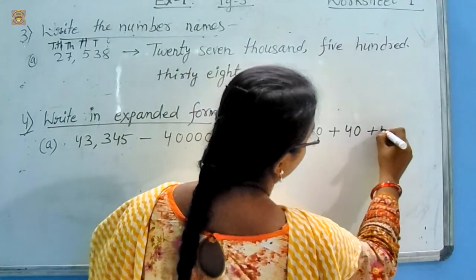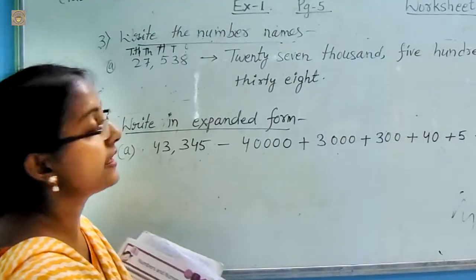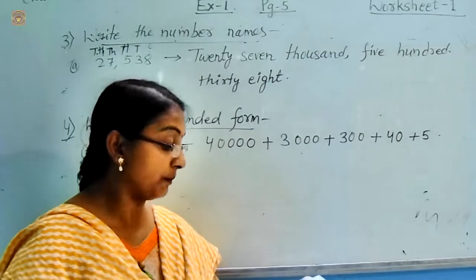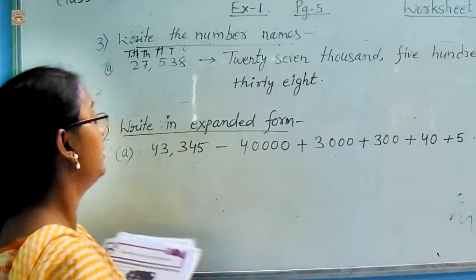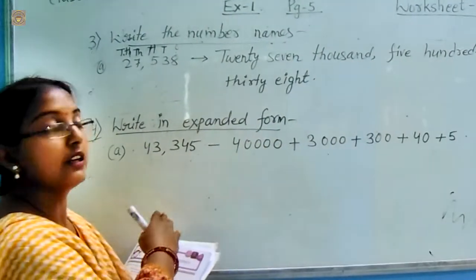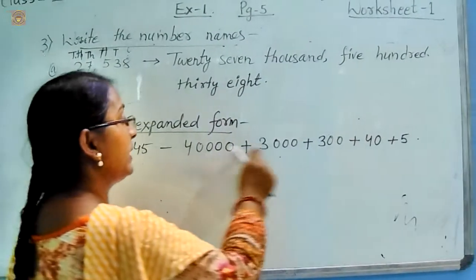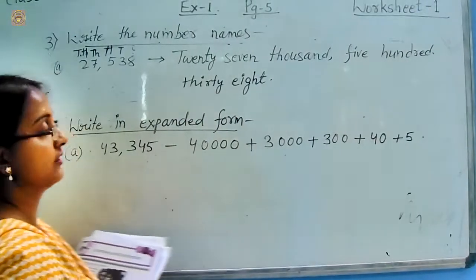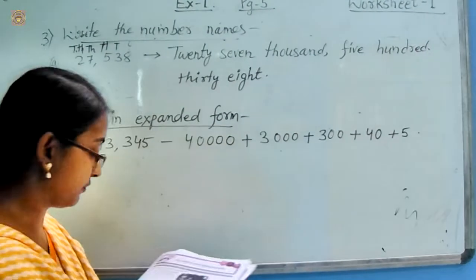I am continuing in this manner. Understood? It is a simpler and easier manner to understand the summation of real numbers including real place values. That means it is the expanded form.